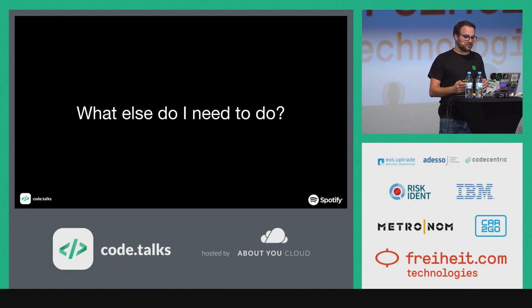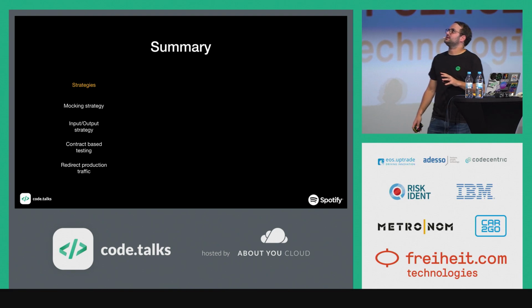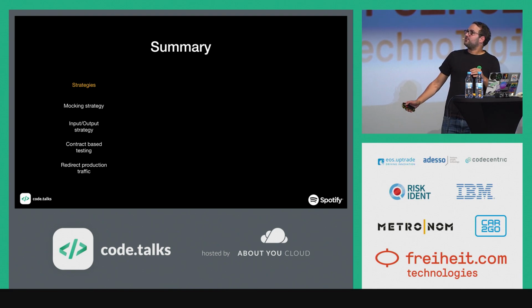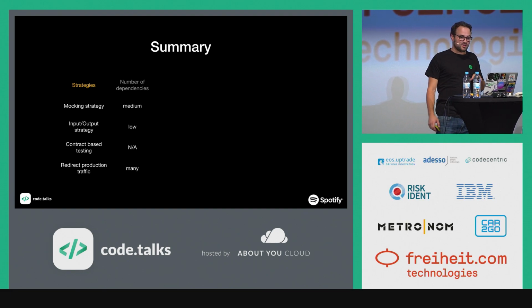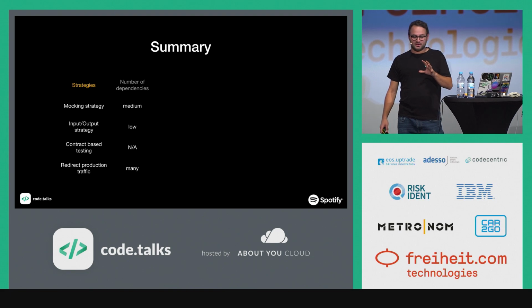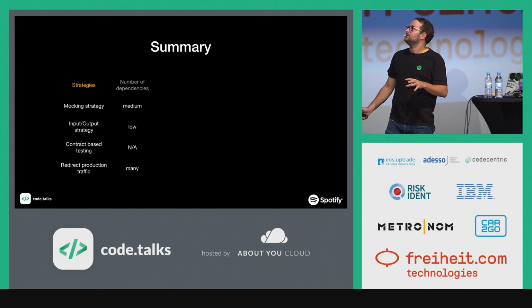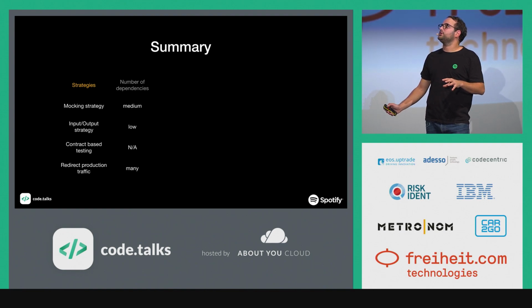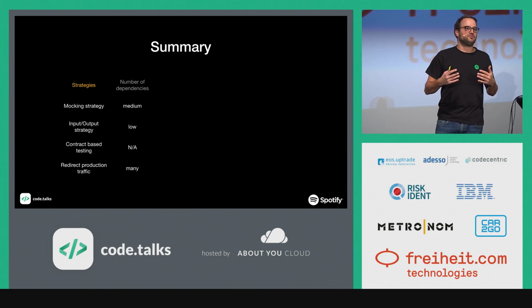Yes. So let's wrap it up with a summary of our strategies. We have, as we said, the mocking strategy, the input-output strategy, contract-based testing, and redirect production traffic. By number of dependencies, the mocking strategy usually only works up to a medium amount, let's say 3 to 5, because you have to maintain that code.